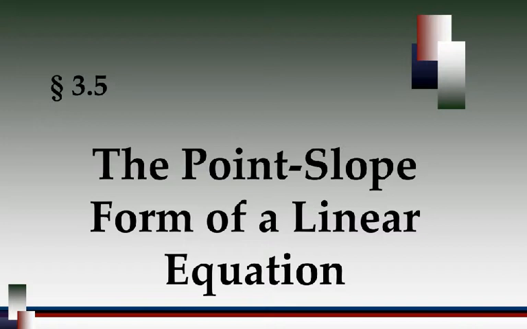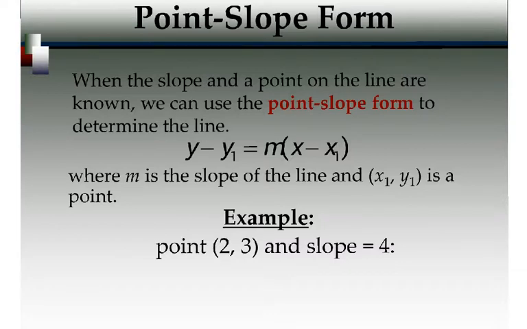Okay, so the point-slope form of a linear equation ties straight into the previous section. This slide is very useful in helping us figure out different equations of lines, especially if we have the slope of a given line and we are also given a point.